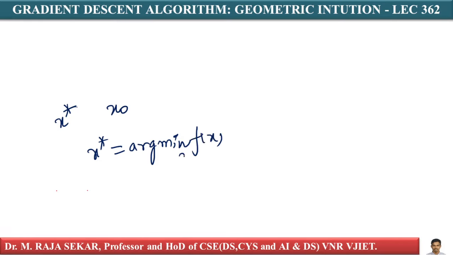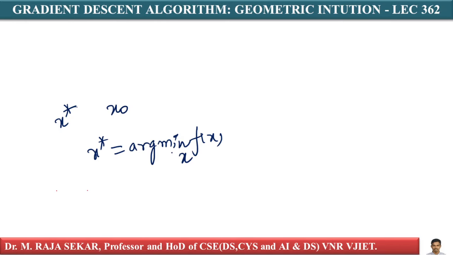We would like to find x star, because the problem that we are trying to solve here is x star equal to argmin of f of x over x. So first it guesses a random value x naught.